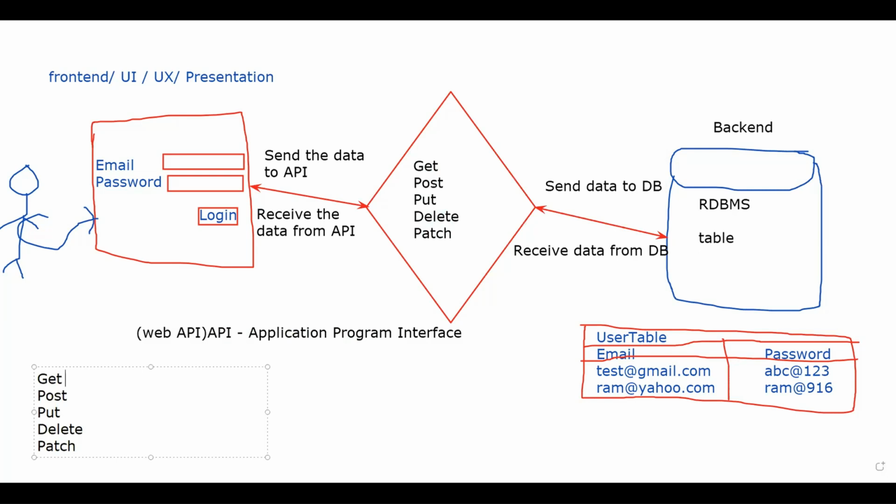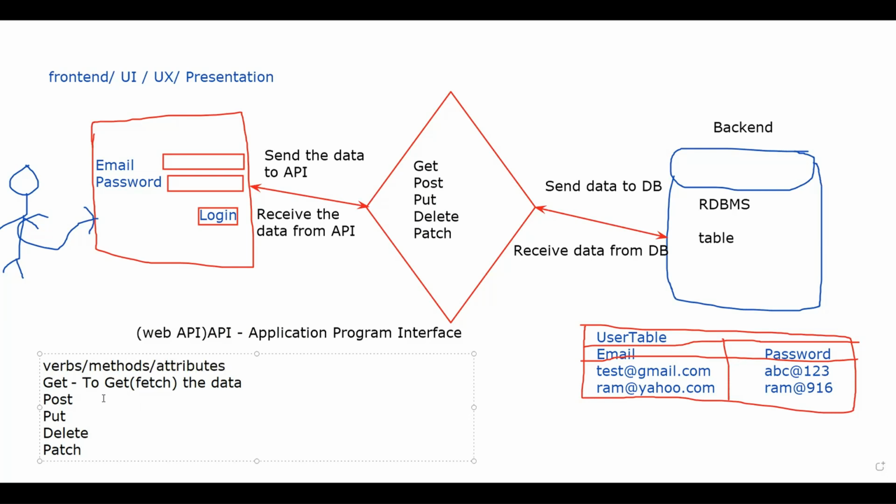Get is to get the data, to retrieve the data. Correct? So get is used to retrieve or fetch the data. We will use a command called get. We also call these verbs, API verbs, methods, or attributes.